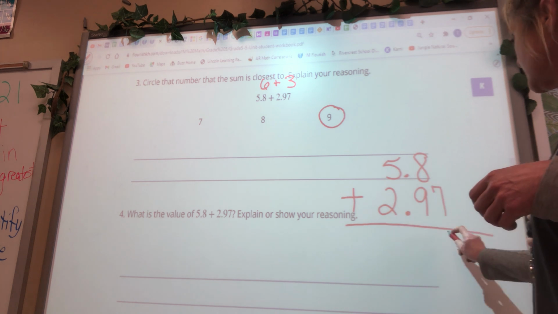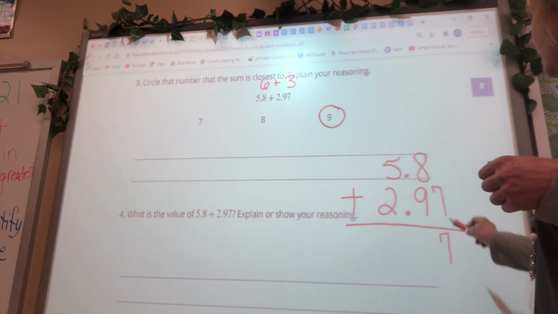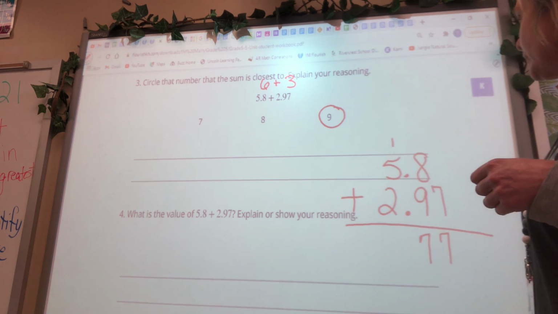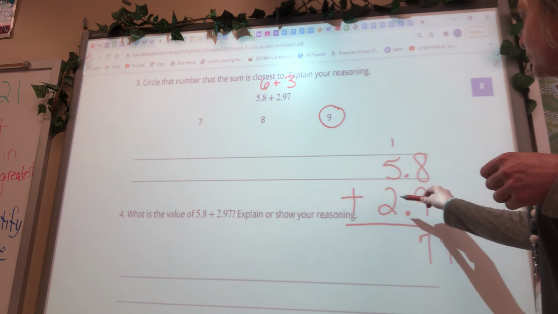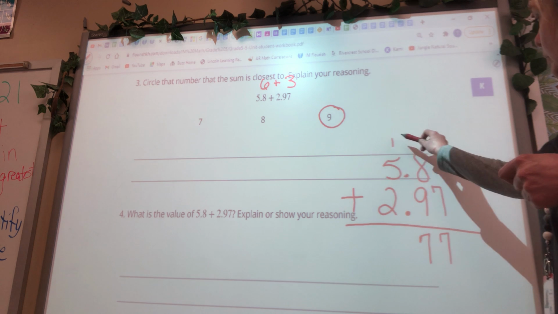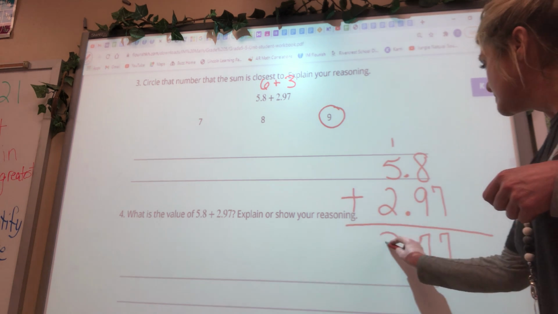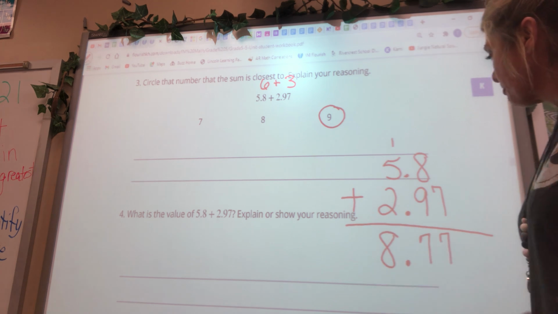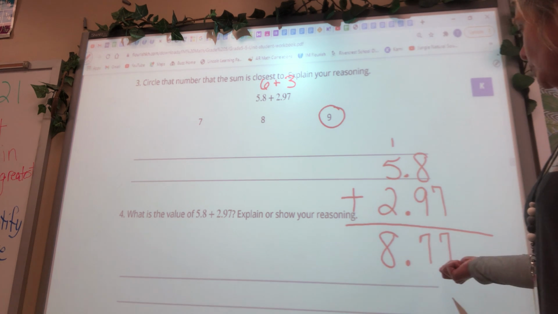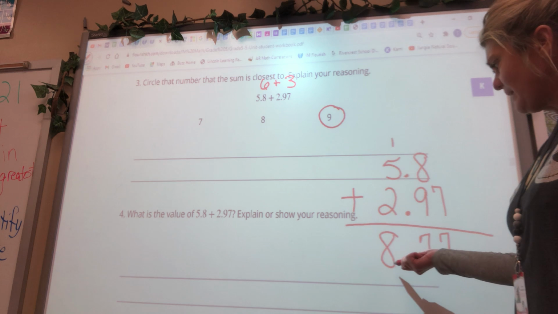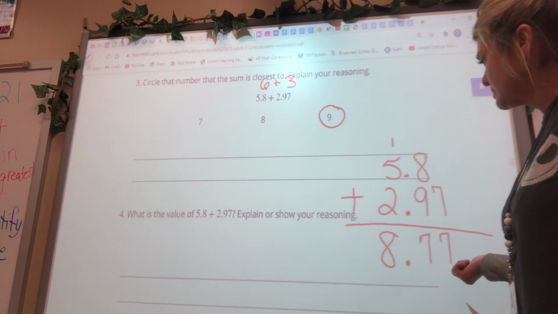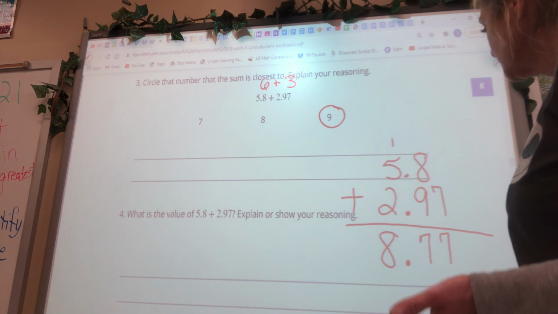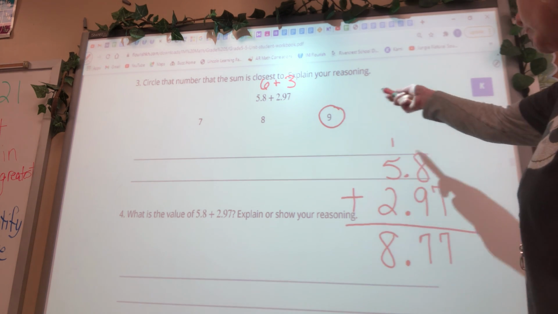Well, nothing plus 7 is 7. 8 plus 9 is 17. Carry your 1. 5 plus 2 is 7, plus the 1 that we carried is 8, and we line up that decimal point. Now, if we had $8.77, that would be closer to $9 than it would $8, wouldn't it? Okay, so we were right in our reasoning.